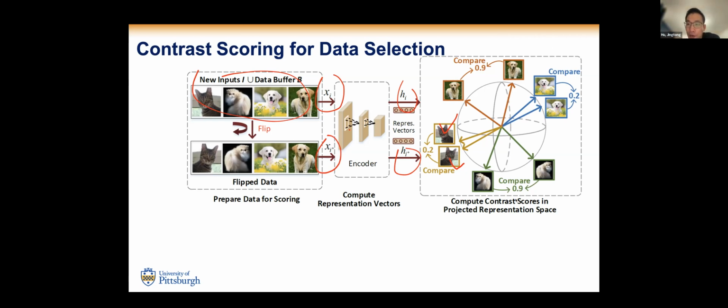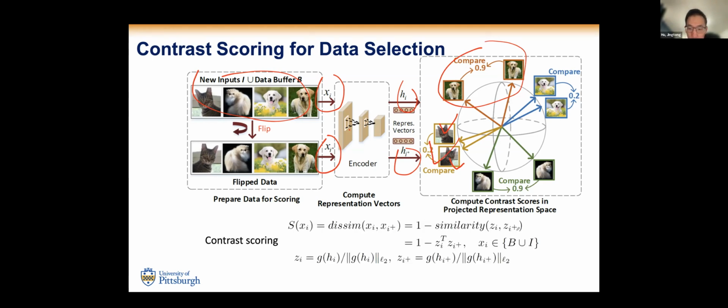And if, for example, these are two dogs, and if you simply flip the image, the model immediately thinks they are two different dogs, then it means the model hasn't really learned this image well, right? That's the main idea. So in that case, we delete this cat because the model has already learned it really well, and we keep this because the model hasn't learned the dog really well.